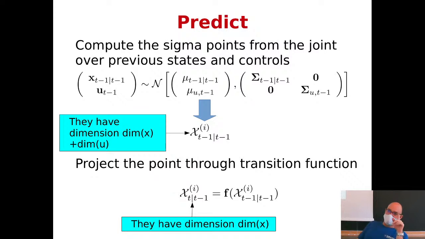From P, I have P of x of t given t minus 1, right? And then I need to apply the correction. So the first thing that I have to do is, I have a measurement, but I don't know what to do with this measurement. What can I do?